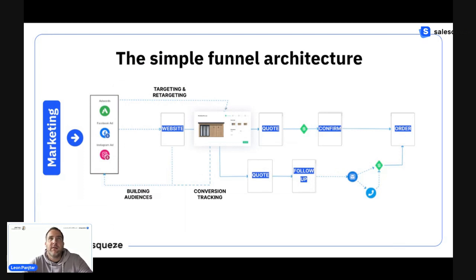So the funnel that we build around this configurator is usually very simple. Like I mentioned, it has four critical components: the advertising part, the product website, the configurator, and the quotation. The advertising strategy is also very simple and common sense.